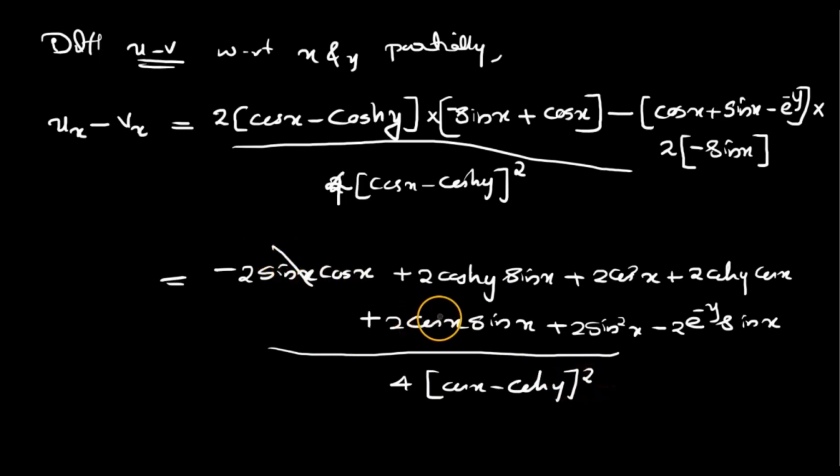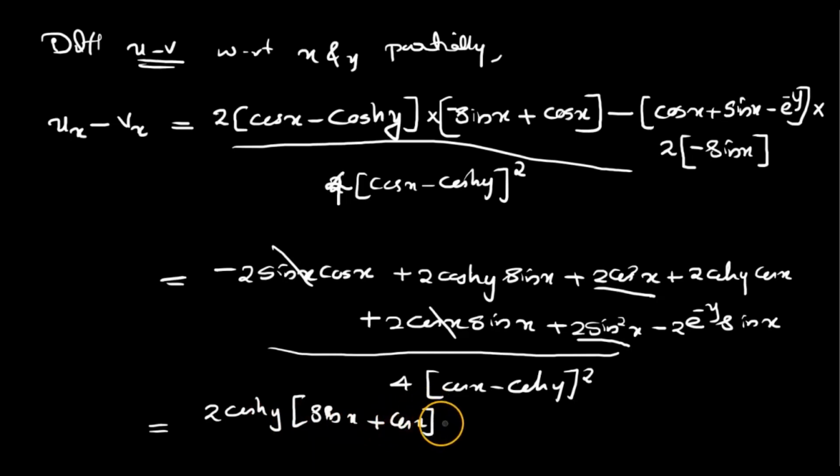So this term cancels: minus 2 sin x cos x and plus 2 cos x sin x are cancelled. And look at these terms, 2 cos square x plus 2 sin square x. We know that cos square x plus sin square x is 1, so this term becomes 2. And this is 2 cosh y sin x and 2 cosh y cos x. So finally we get 2 cosh y, we can take it as common, (sin x plus cos x), and there is a 2, and minus 2 e raised to minus y sin x.